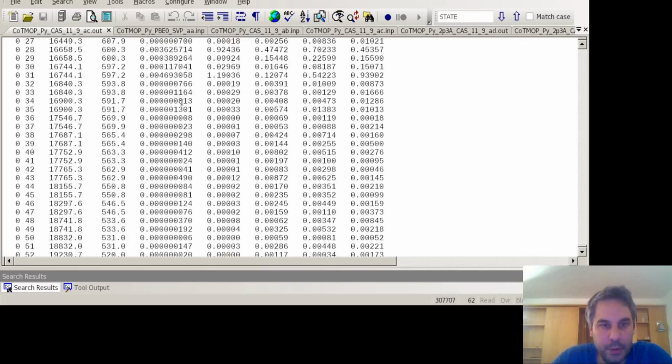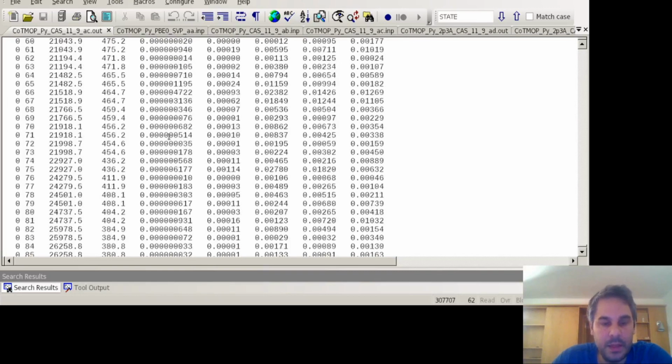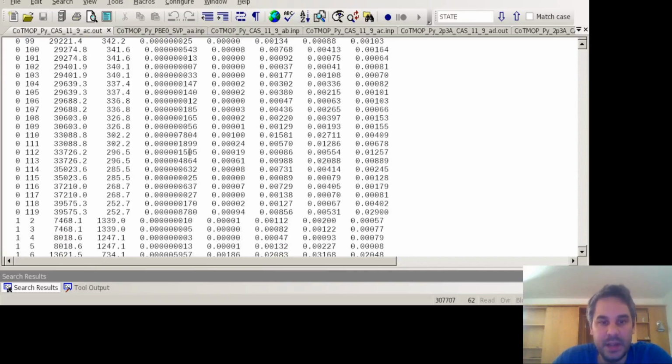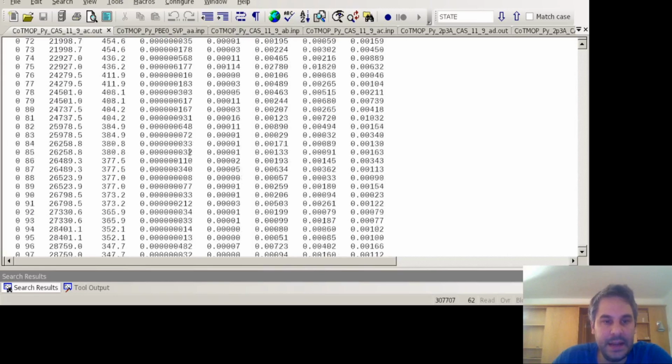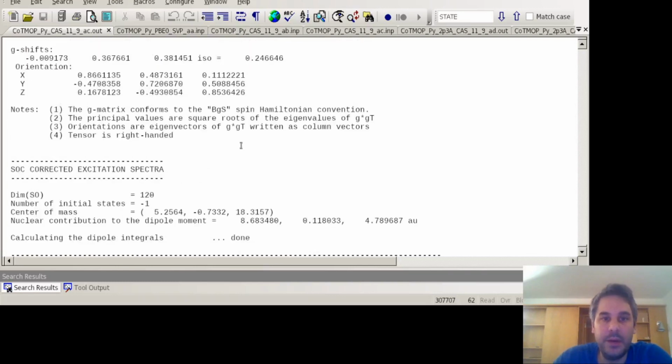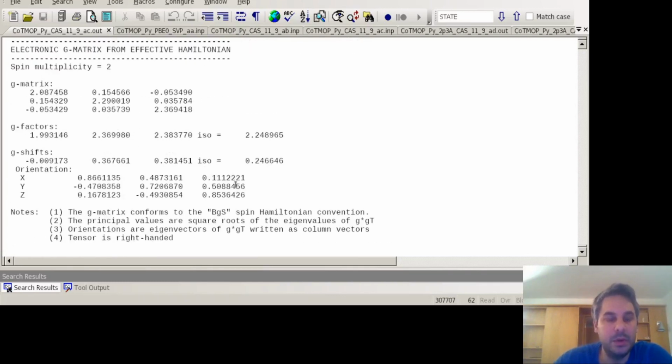We are probably not going to see the spectrum of the porphyrin. Cobalt porphyrins have very characteristic Soret and Q bands, but very likely the number of roots that we have selected, 60, is not enough. So 60 roots are mainly DD excitations for this system in particular. So we would have to increase maybe to 80, 100 roots to start seeing some good transitions.